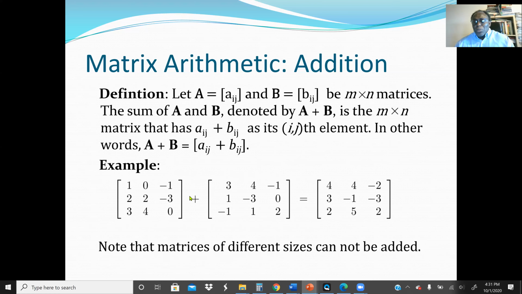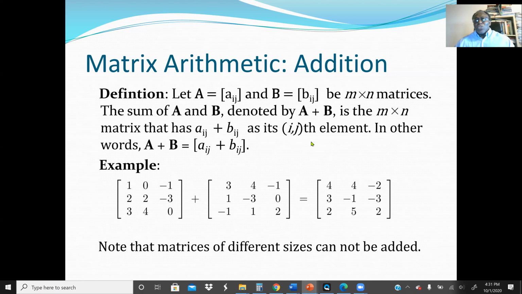So it will be 3 plus -1. Now let's assume we're on the second row and the third column, which is -3. I can only add -3 to the same position of the second matrix element, which is second row, third column, 0. So -3 plus 0 will give me -3.